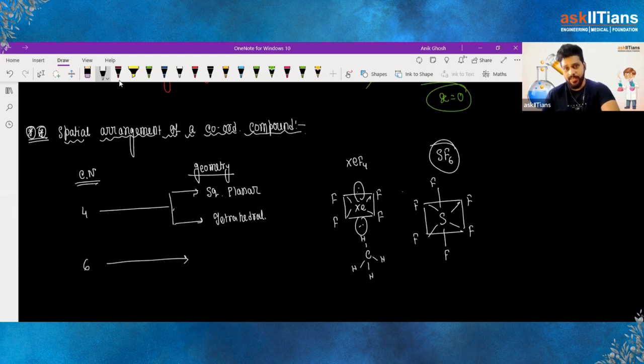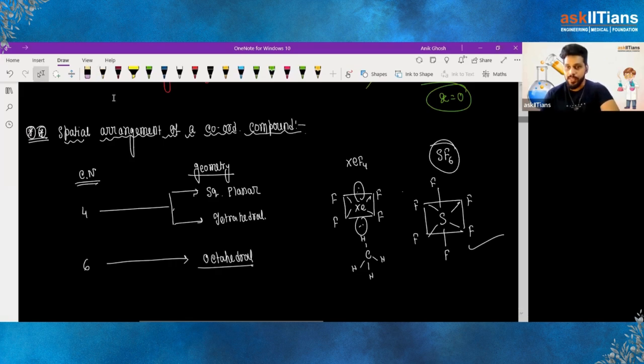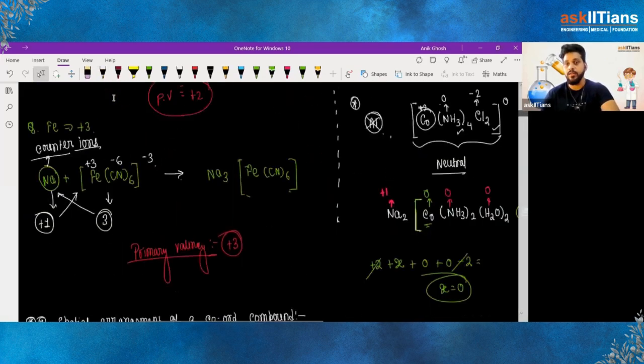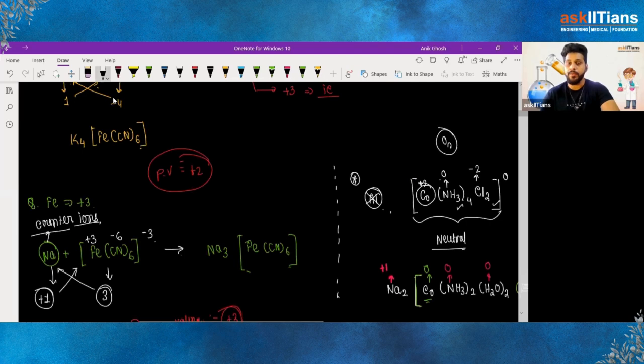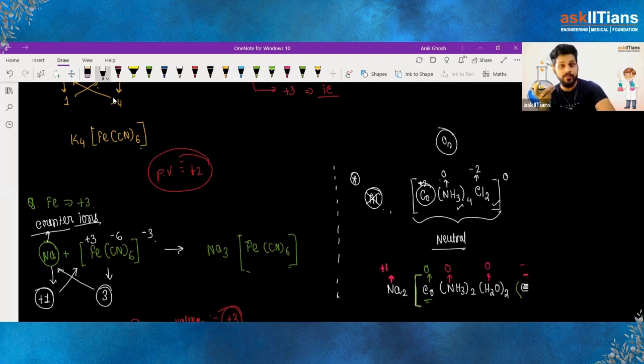Coordination number 6 is always going to be octahedral, like I have shown you here. So guys, all the species that we have been seeing so far, all of them are octahedral in geometry. That means that's how the secondary valence is going to decide what kind of geometry you have: octahedral, square planar, tetrahedral, trigonal bipyramidal.